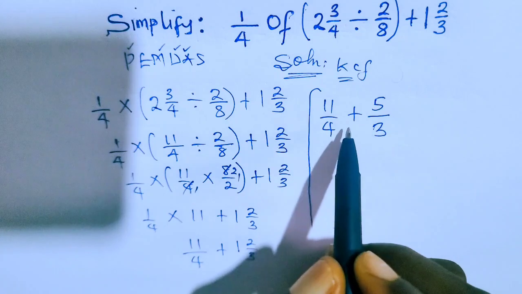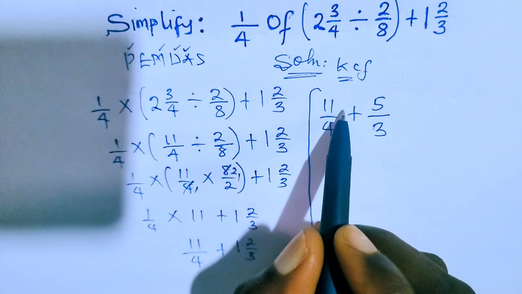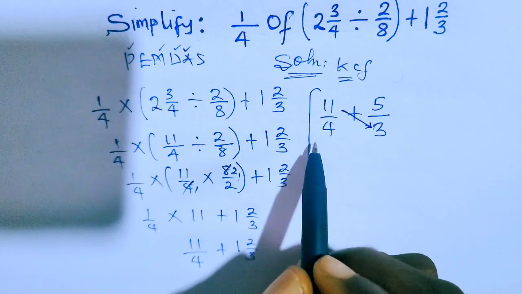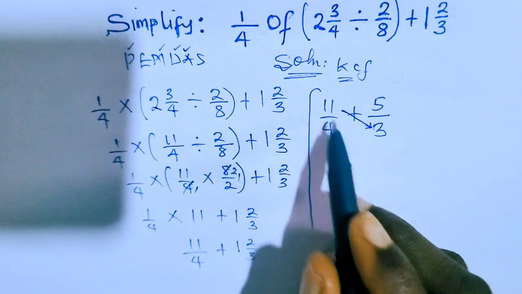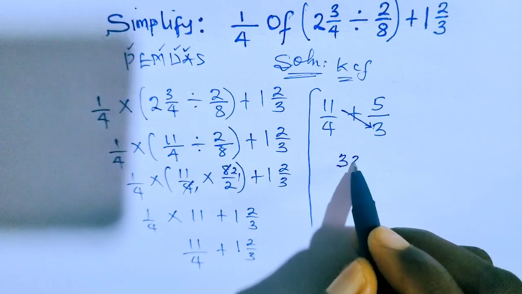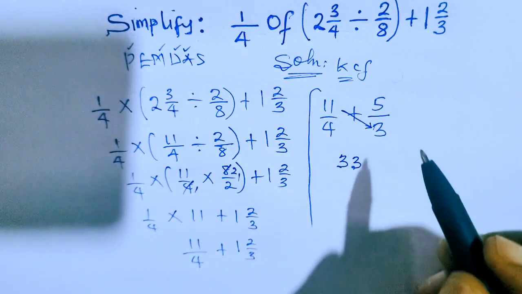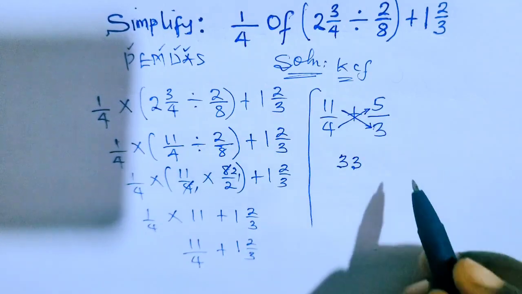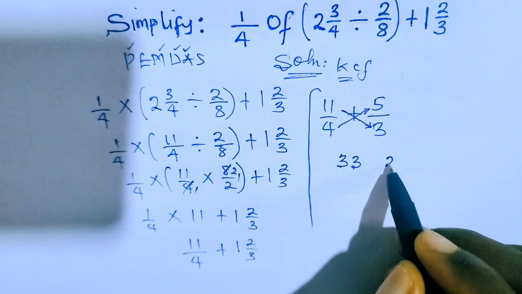Now by so doing, we are going to cross multiply this with this, and we are going to have 11 times 3, that will give us 33. Now we also have here 4 multiplied by 5, that will give us 20.